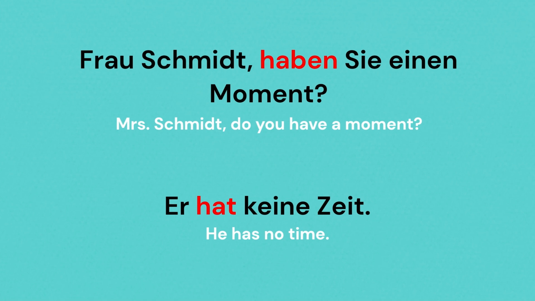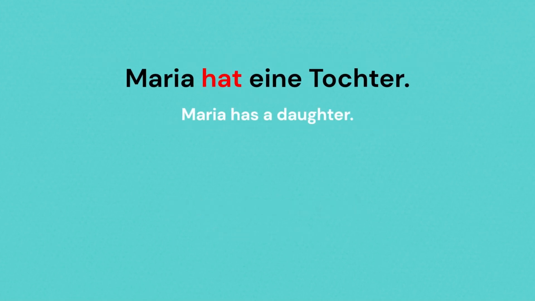Sometimes the pronoun isn't just present in the sentence, like in the next one. Maria hat eine Tochter. Since Maria is feminine and singular, we will conjugate the verb according to the pronoun that can replace Maria here in the sentence, which is sie, singular third person.